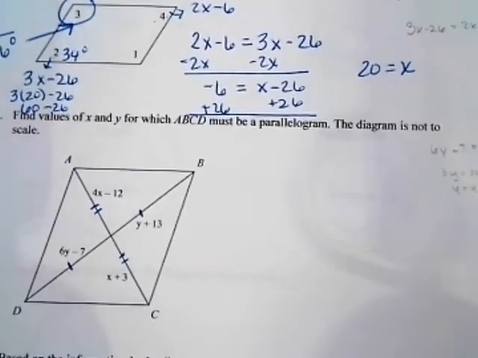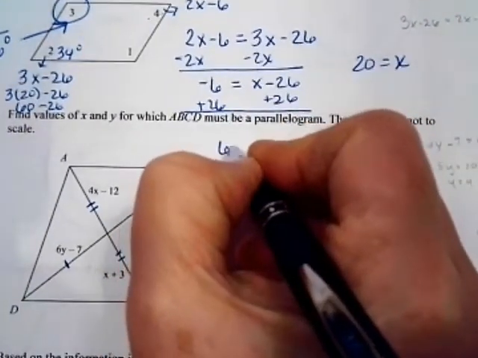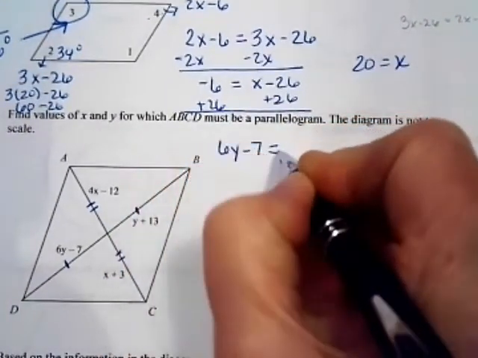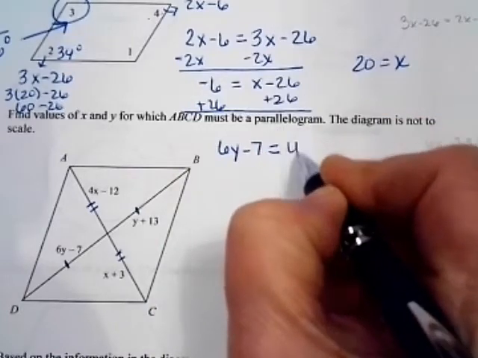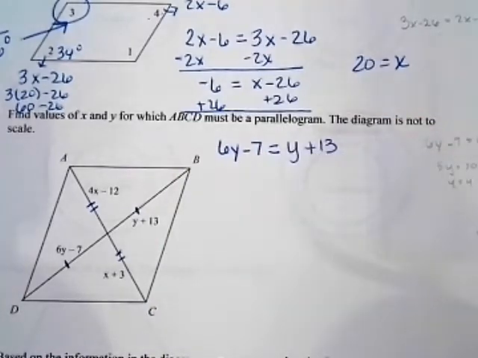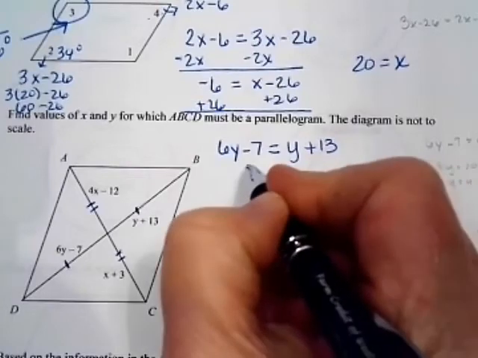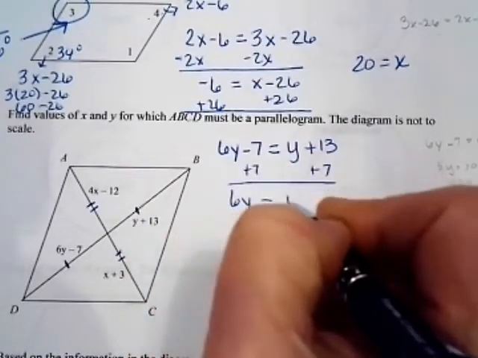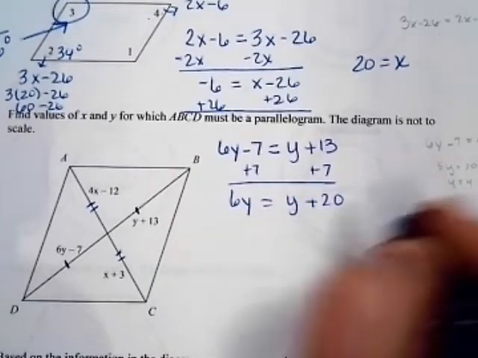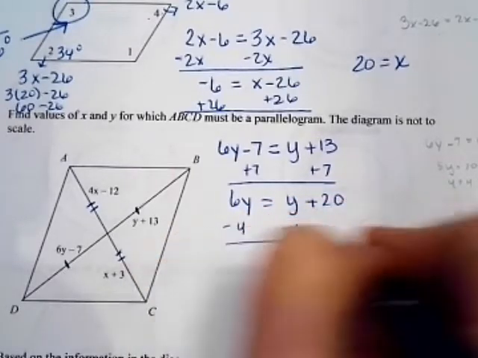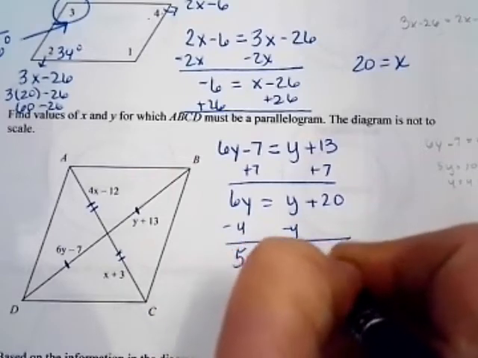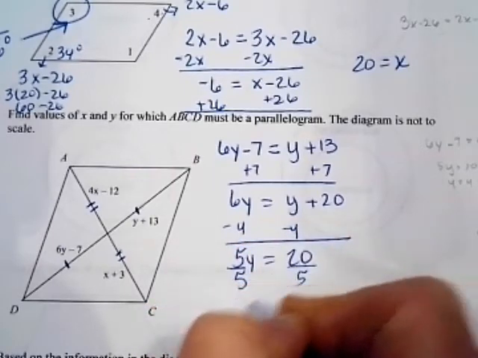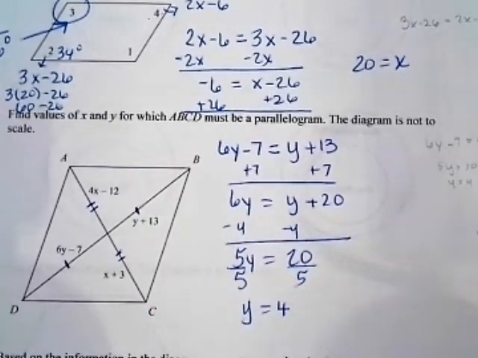So we have two equations that we're going to set up. 6y minus 7 equals y plus 13. And we'll solve that. Let's add 7. 6y equals y plus 20. Let's subtract y. 5y equals 20. Divide by 5. Y is 4.